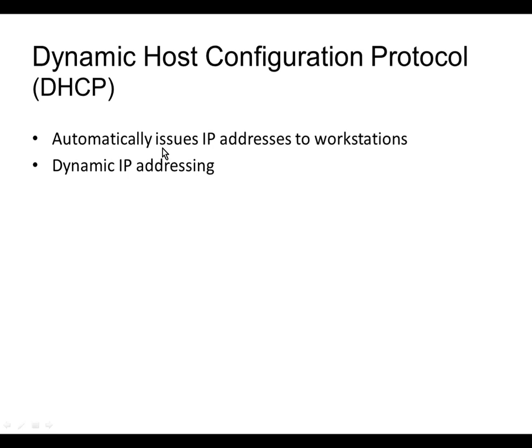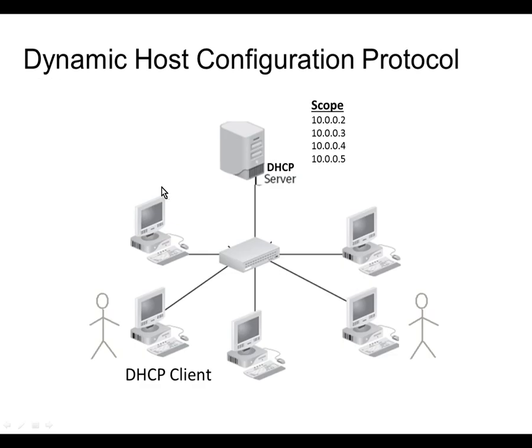The Dynamic Host Configuration Protocol automatically issues IP addresses to workstations, and this is called Dynamic IP Addressing. With the Dynamic Host Configuration Protocol, you do not walk up to each workstation and type an IP address. The DHCP server has a group of IP addresses, and this is called a scope.